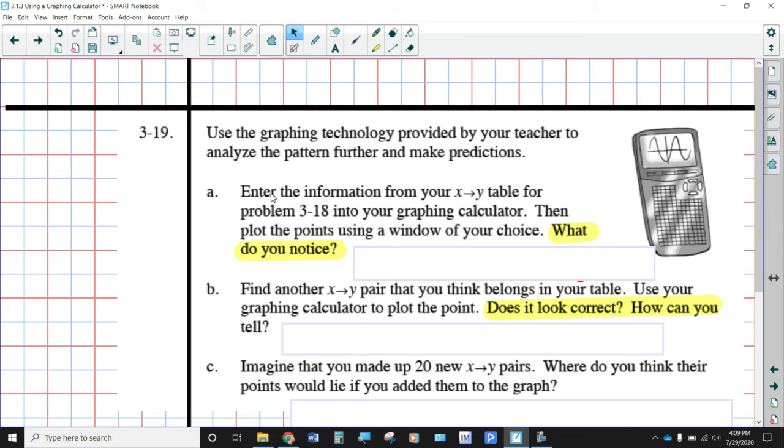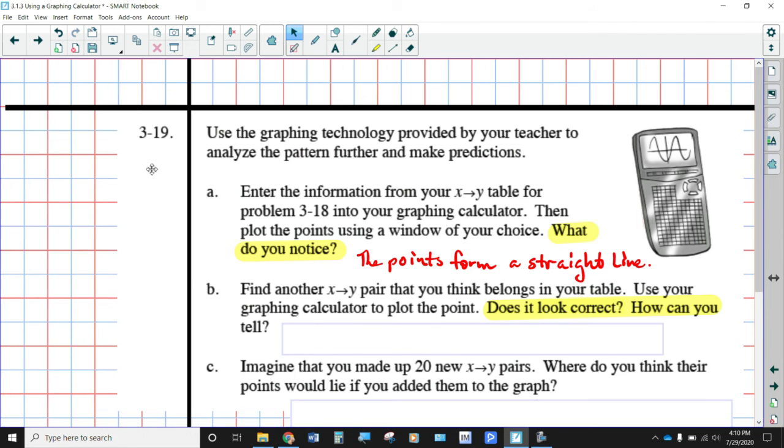All right, now we've entered the information. Enter the information for your XY table into your graphing calculator, then plot the points. What do you notice? You should have seen right away that if you had those figures correct, they would form a straight line. Now find another XY pair that you think belongs in your table and use your graphing calculator to plot the point. Does it look correct?